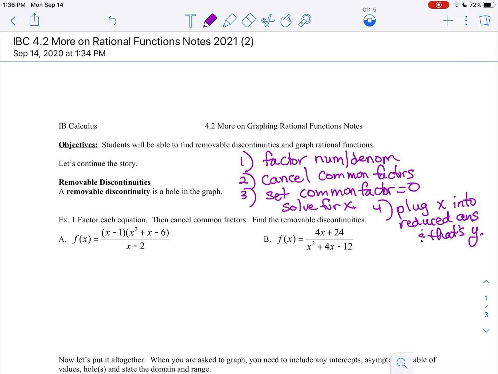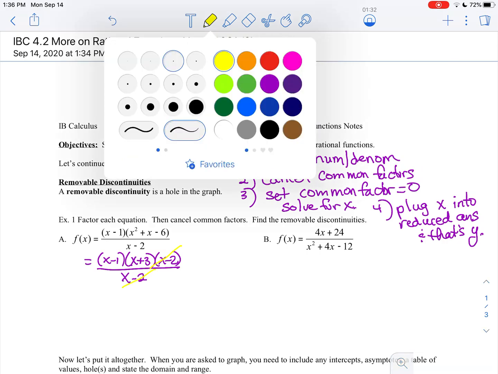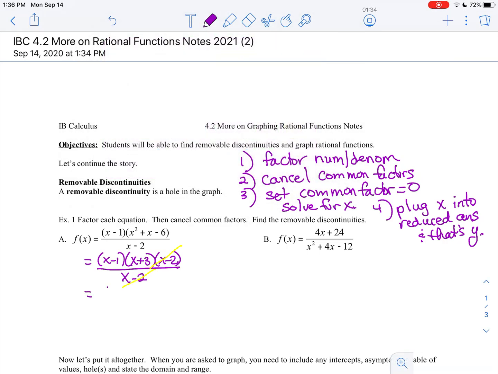All right, so in example 1, we're going to factor, cancel common factors, and find the removable discontinuities. So it's been partially factored. All right, so there's a common factor of x minus 2. So this reduces to x minus 1, x plus 3. So that's my reduced answer.